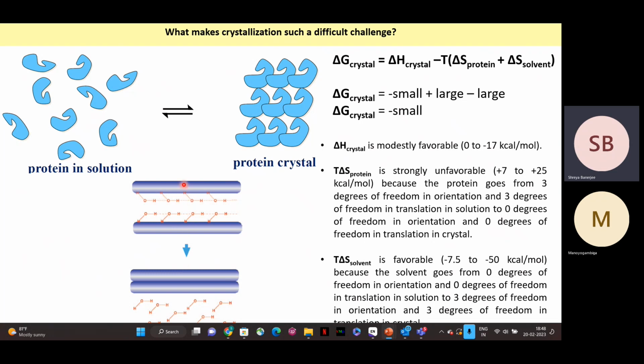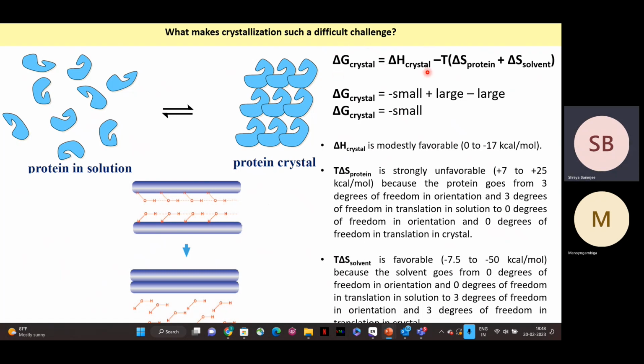But when the proteins come together in a crystal, the solvents are free. So here, the degree of freedom of the solvent is 0 because it is fixed in position by hydrogen bonds. But here the solvents are free and they have 3 degrees of freedom in both orientation and translation. So the entropy change of the solvent is favorable and the entropy increases.